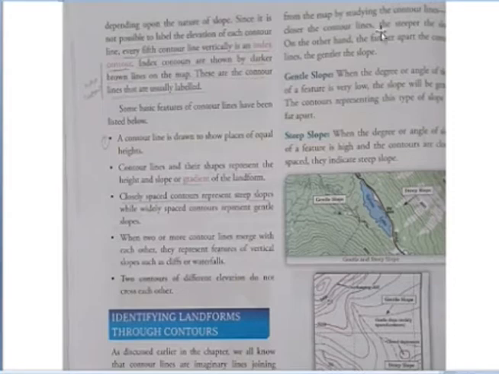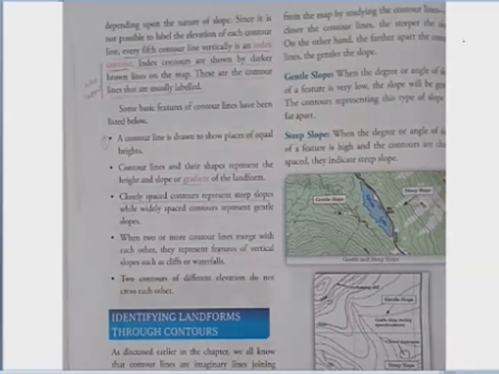The closer the contour lines, the steeper the slope. On the other hand, the further apart the contour lines, the gentler the slope. I told you earlier that if the contour lines are placed very close, then the slope is steep.